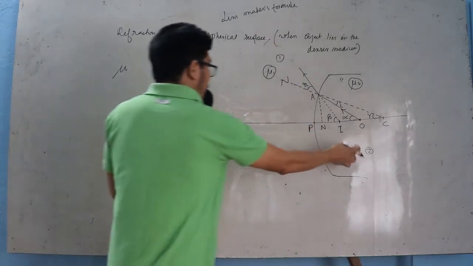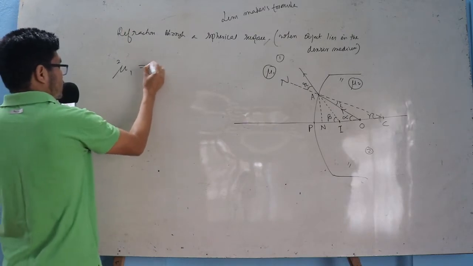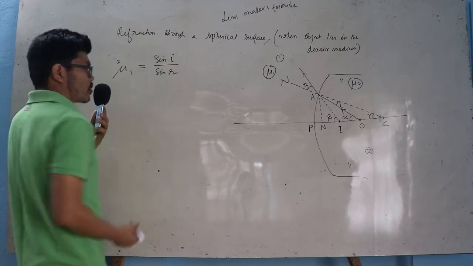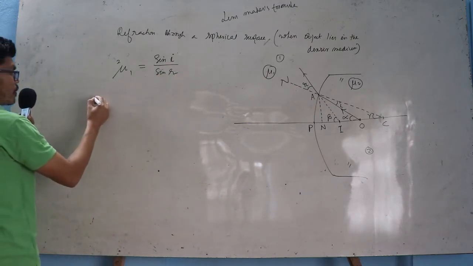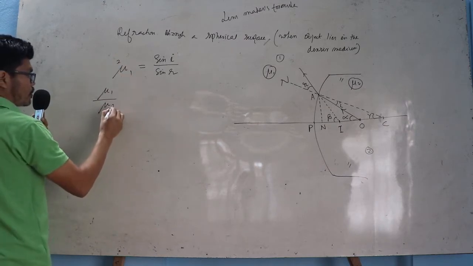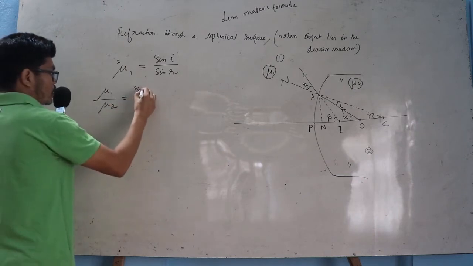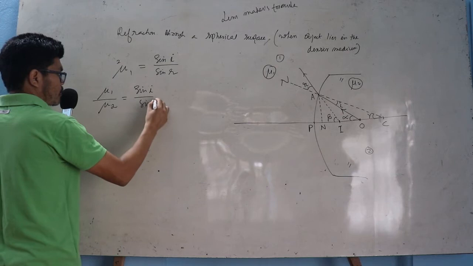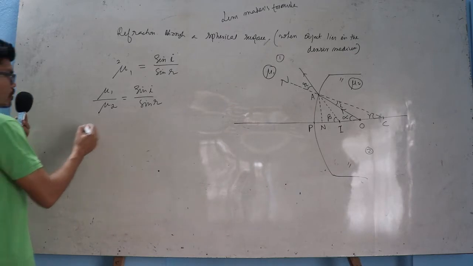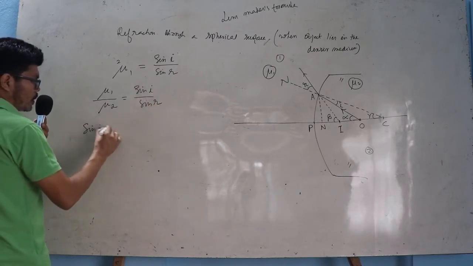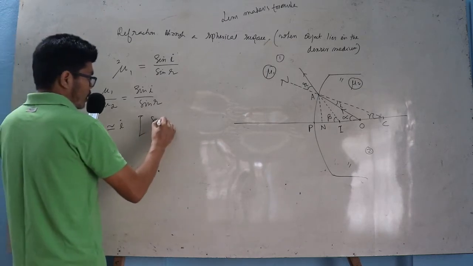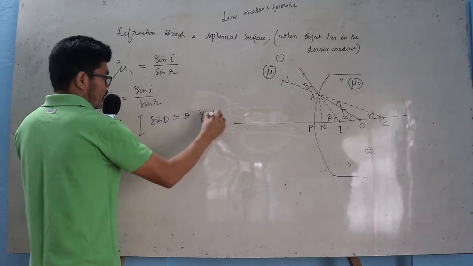When it goes from second to first, this is equal to the ratio of sine of angle of incidence to the sine of angle of refraction. This can be further written as mu 1 divided by mu 2 here. You can write like this. This is equal to sine I divided by sine R. And as all the angles are considered to be small, sine I will be taken as equivalent to simply I. As sine theta is equivalent to theta if theta tends to 0.